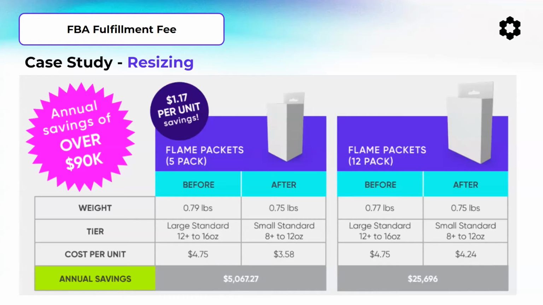Probably not, because the inbound placement started March 1st, and then it needs to be 45 days after the closing date at the warehouse. So we're probably going to start seeing charges in April, May for things that we sent in March.